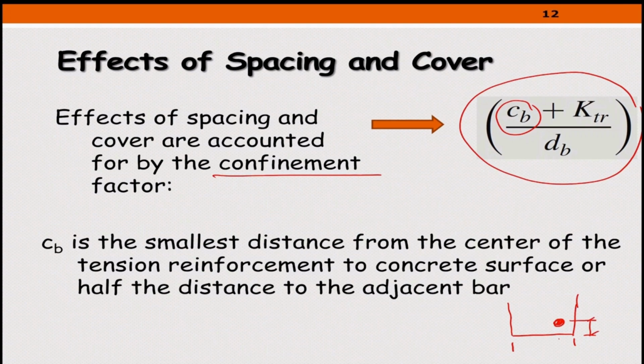This cover is not only the cover from the bar to the bottom or top concrete surface, but also to the side. So this can be one value for CB, and this is another value for CB. Also, the spacing between the bars divided by 2 is another value of CB, which is S over 2. When selecting the value for CB to be located in the equation, we select the smallest among the three values.